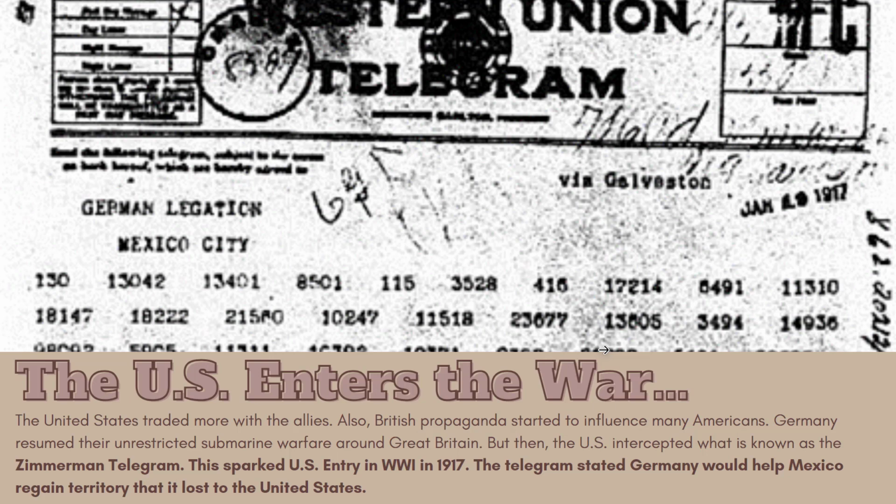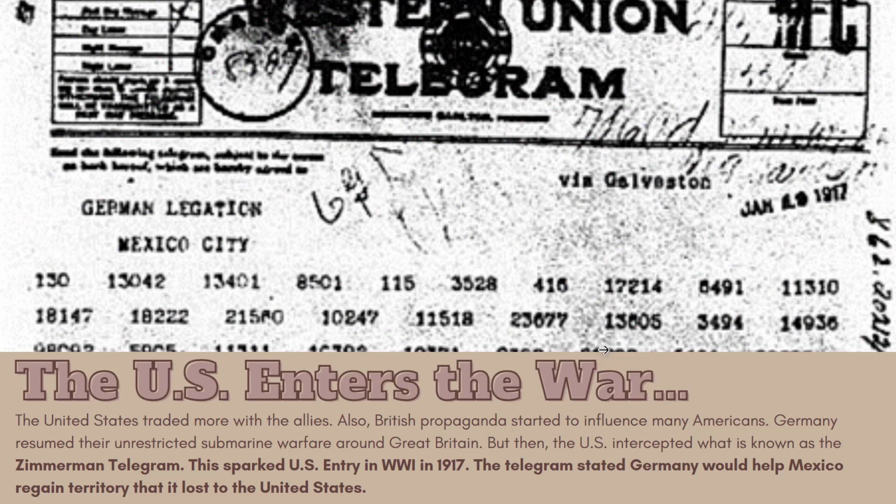On the other hand, Germany was still continuing their unrestricted submarine warfare in the waters, which they were not supposed to be doing. But the United States was able to intercept what was called the Zimmermann telegram.